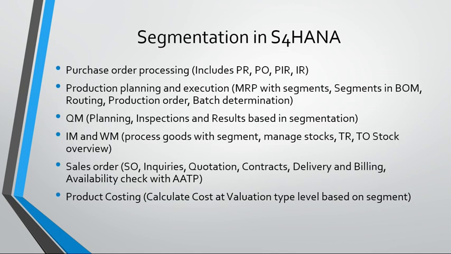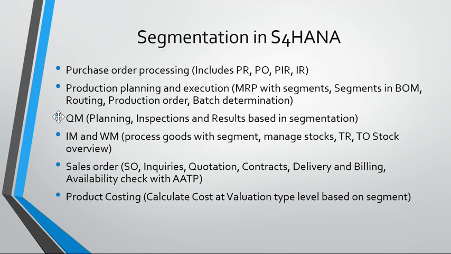So at a high level, the segmentation is extended to purchase order processing, whether it is PR, PO, PIR, IR, everything. And on the production planning side also MRP. However, on the MRP side it is available only for MRP Live.